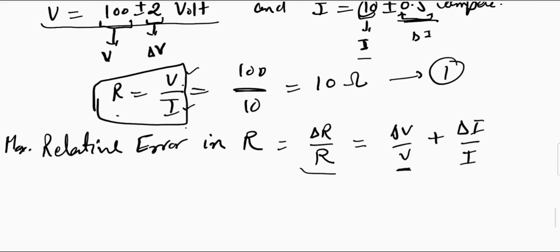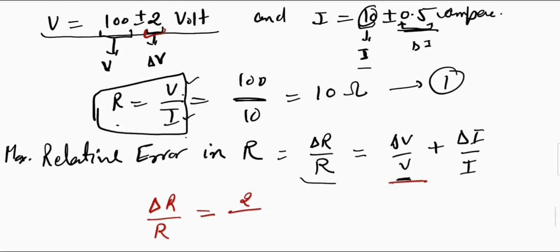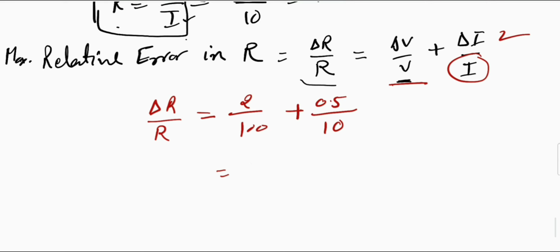So the maximum relative error in R is equal to delta V upon V. Delta V is equal to 2 and V is equal to 100, plus delta I, which is equal to 0.5, divided by I, where I is equal to 10. Now we'll solve this and we'll get 0.02 plus 0.05.